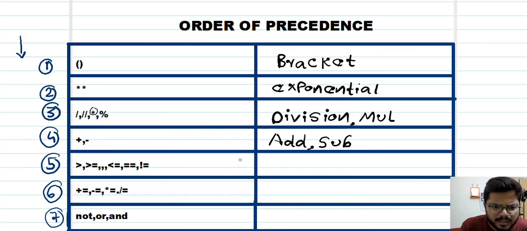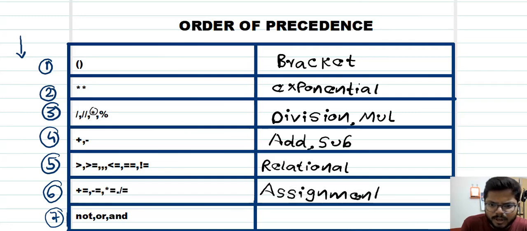And these are the relational operators, if you have seen my past videos. This is assignment operators, and these are the logical operators that we have seen in our previous classes. So the mathematical expression will go in this form.